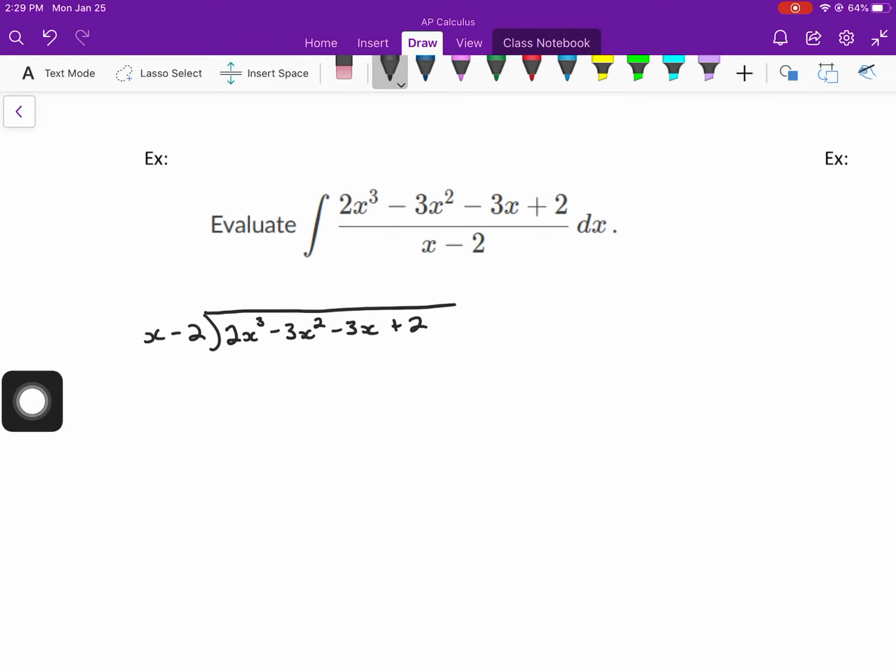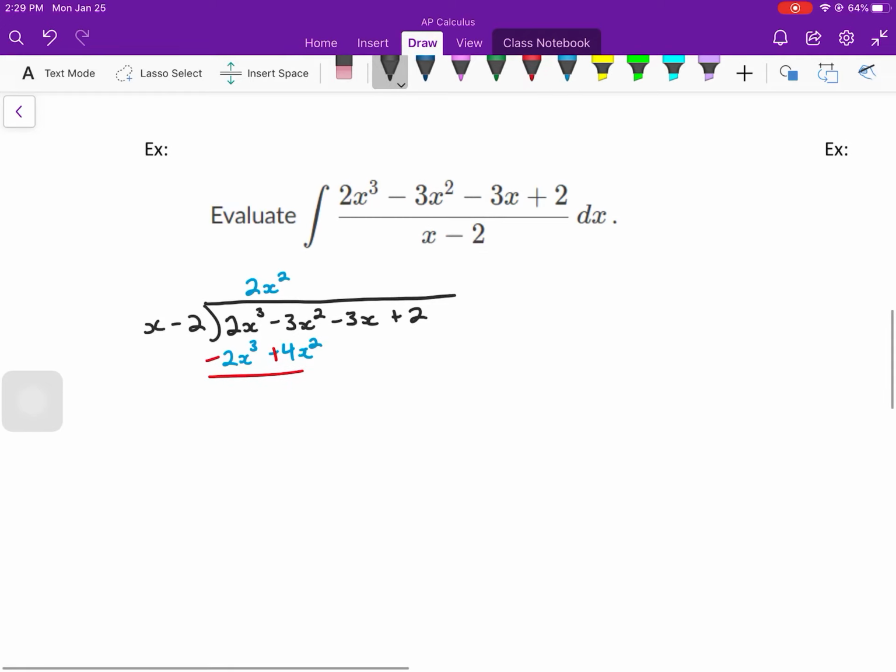So here, x times 2x squared will work to get us 2x cubed minus 4x squared. And then subtract, since it's a negative, I put the sign because then I just change that to a positive. And that's going to give me x squared minus 3x plus 2.